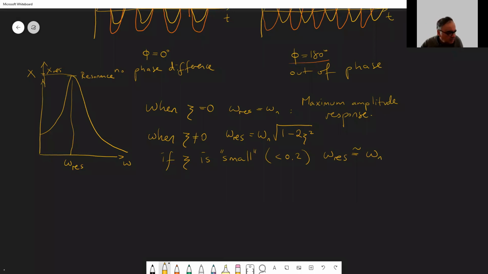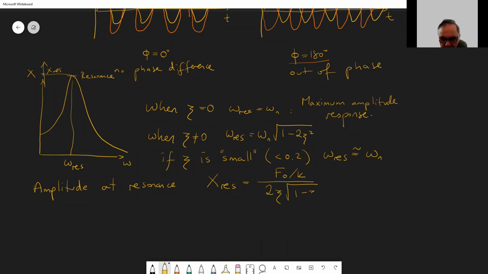And the resonant amplitude at resonance, X resonant, if you derive that equation, is F0 over K times 2 zeta root 1 minus zeta squared, okay?